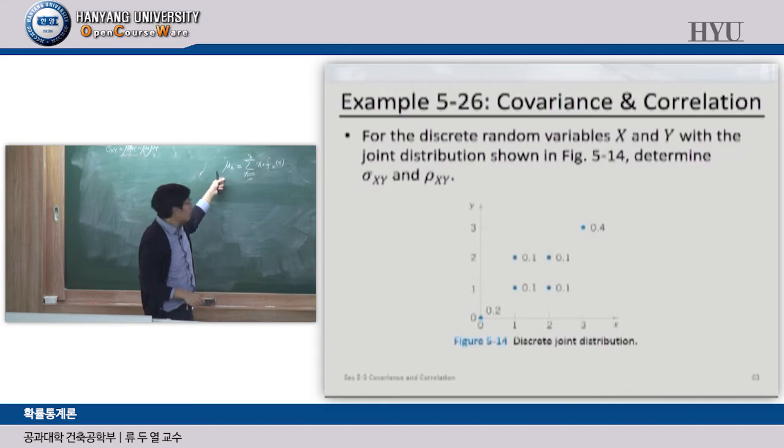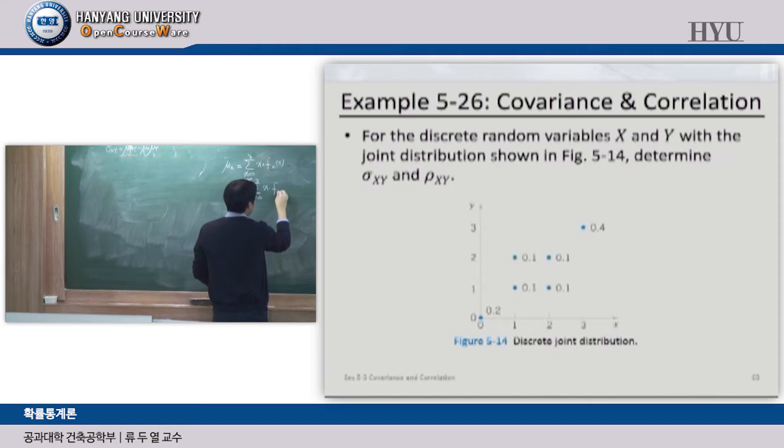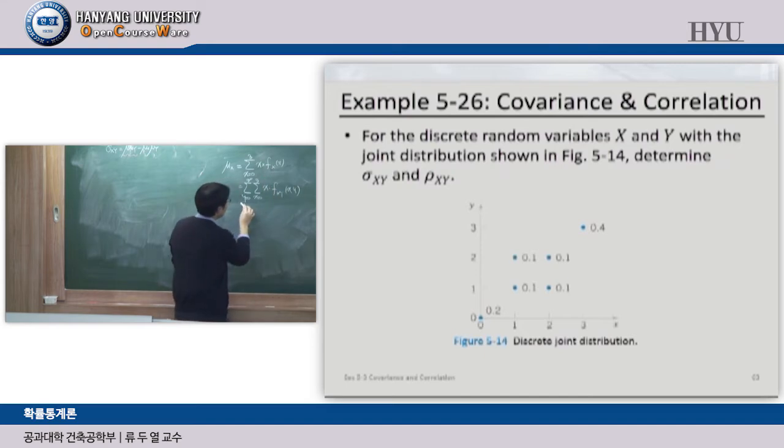And this can be rewritten as the double summation over y from 0 to 3 and x from 0 to 3 of x times the joint probability mass function, because the marginal is the summation of the joint probability mass function.